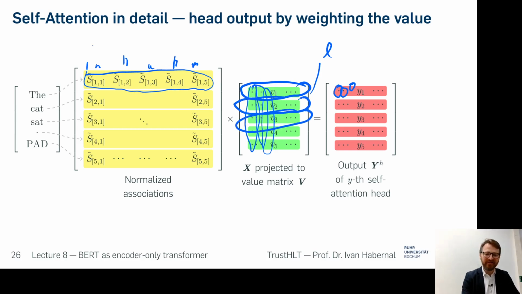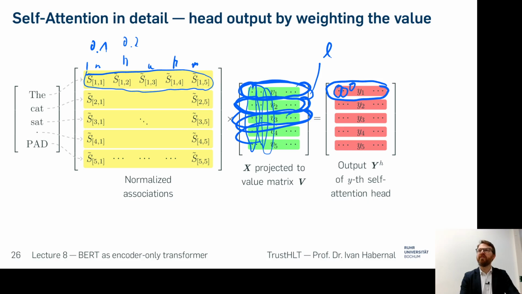If this is 0.1, then after this multiplication I'm taking 0.1 times the first vector, then maybe 0.2 times the second vector, and the other numbers times the third, fourth and fifth vectors, summing these weighted things up and ending up with the first vector. Does it make sense?